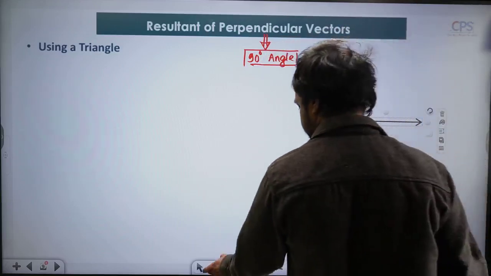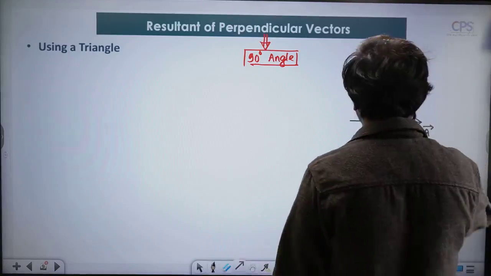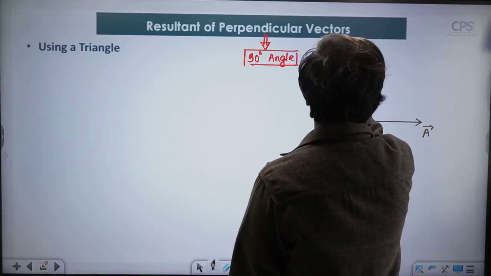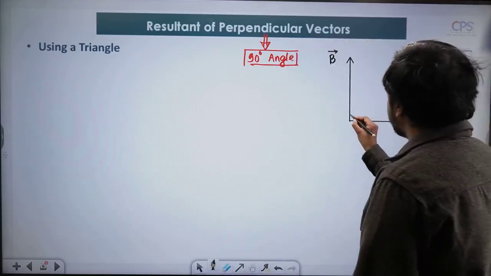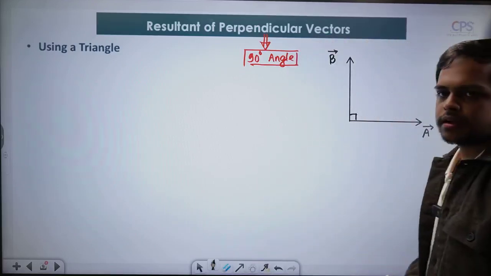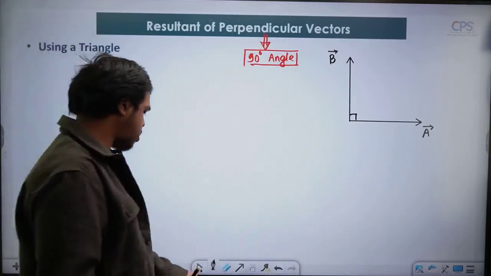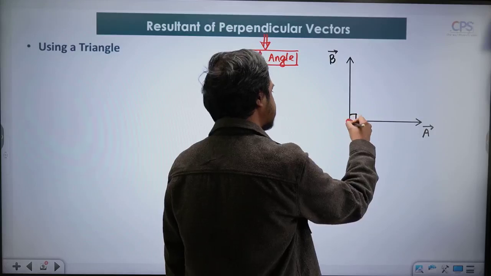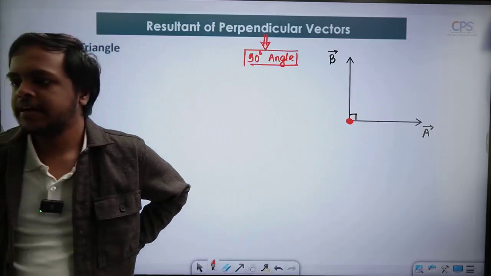Vector A and let's see, there is another vector B. Now, two vectors are perpendicular to each other. Okay? On a point, there are two vectors which are perpendicular to each other. How will you get the resultant?